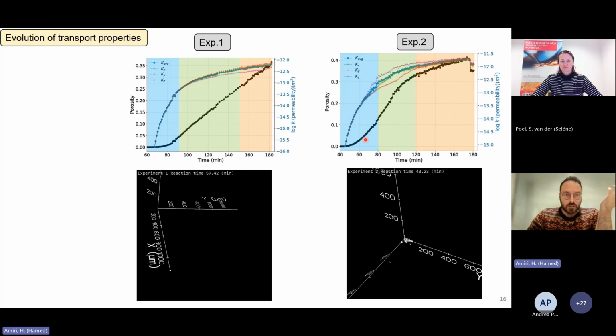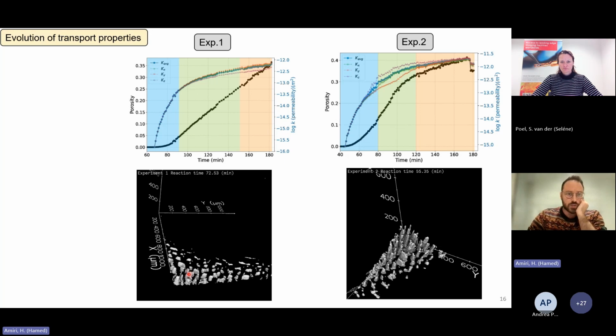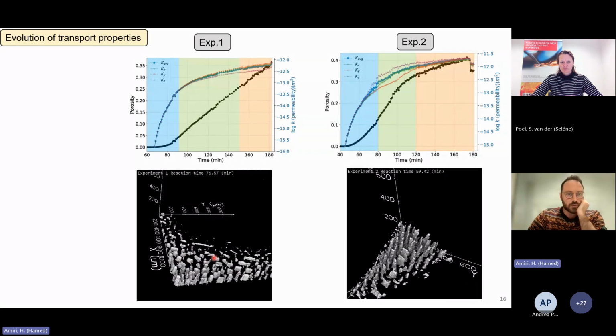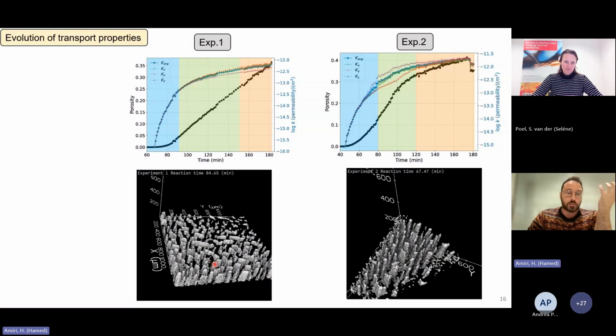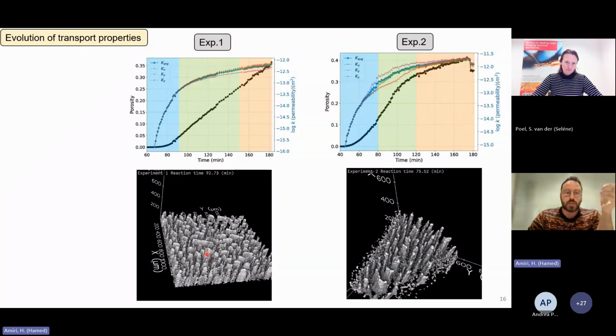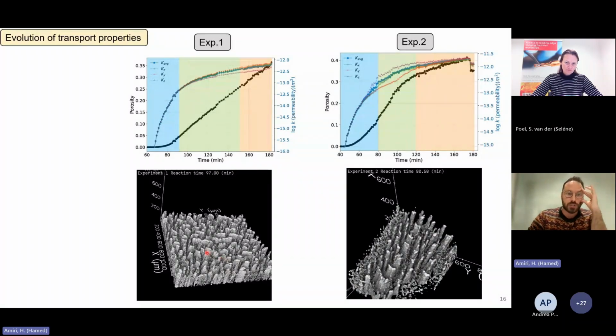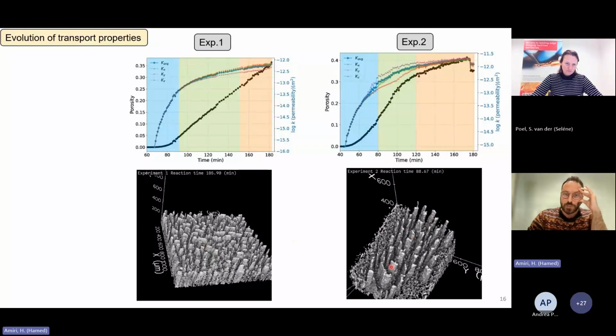And here I show you this evolution of the pores in 3D. You can see that in experiment one, these channels are created and continue without any big change in their shape, so they preserve their shape, but the connectivity between them increases at some point. You see a similar thing in experiment two.